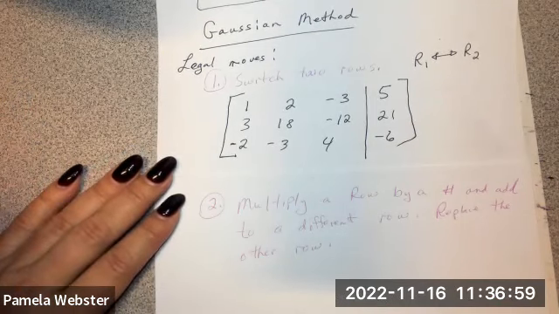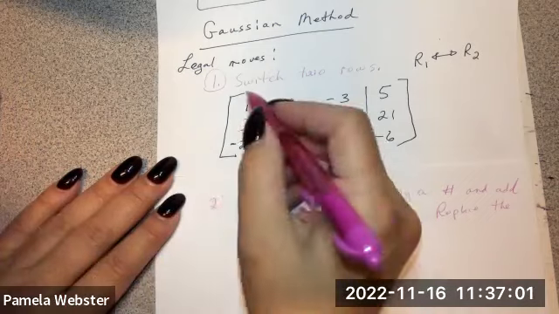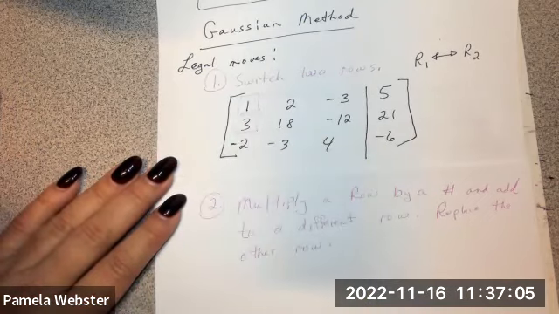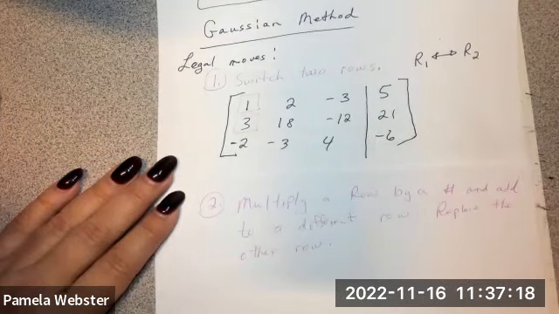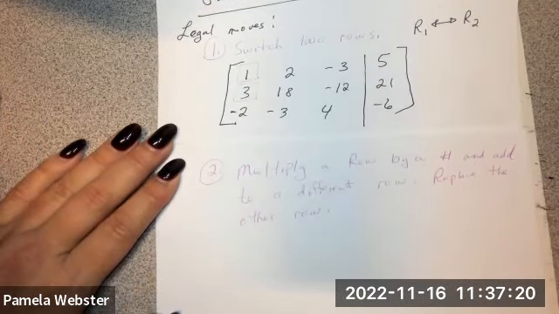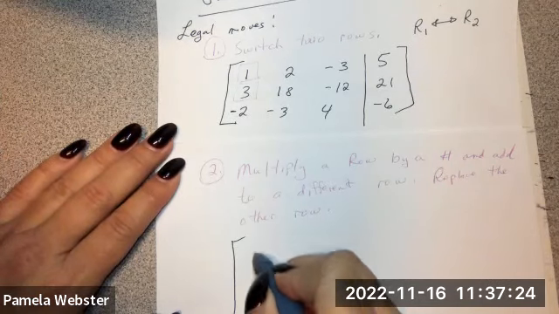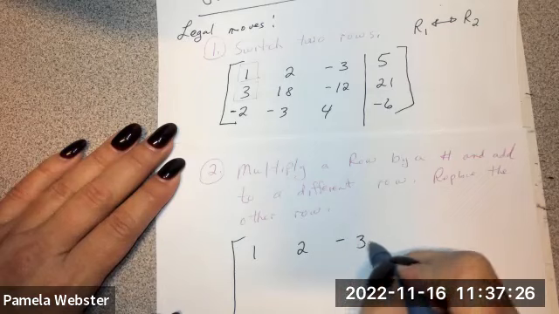Okay, so in my head, I'm thinking, look, this is a 1. I want to get rid of a 3, so I want a -3 because -3 plus 3 is 0. Does that make sense? So think, what can I multiply that first row by that will give me a 0 in that position? Now, here's the trick. I'm not going to change the first row. I got the 1 there. I want him to stay.